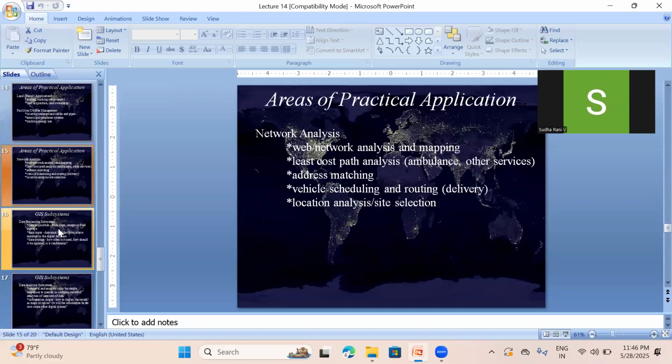Network analysis: web network analysis and mapping, least cost path analysis, ambulance and other services, address matching, vehicle scheduling and routing, location analysis, site selection.